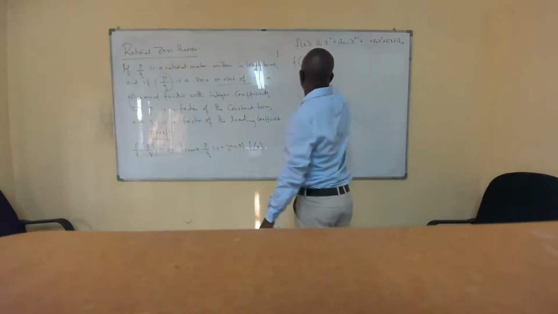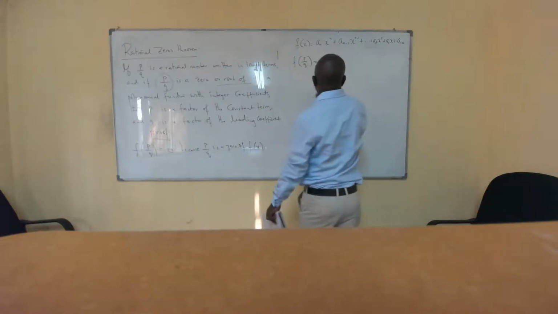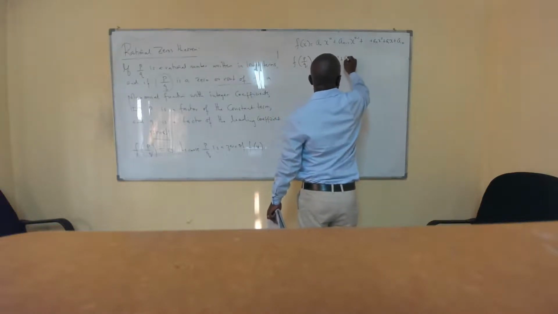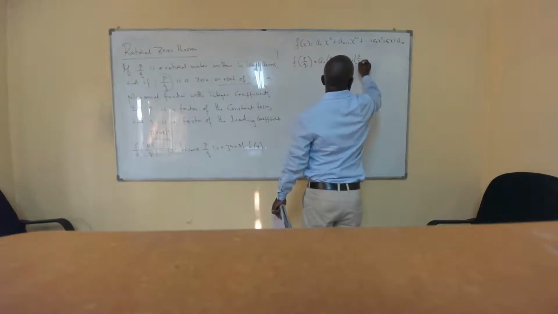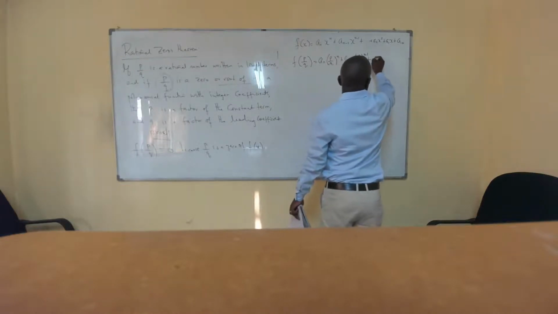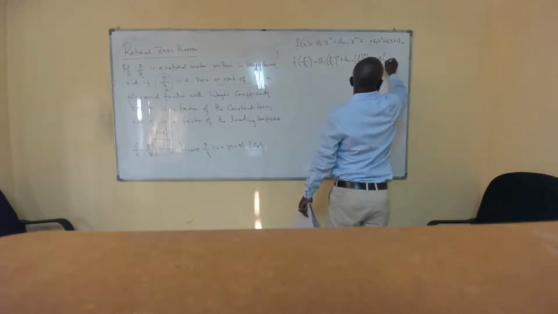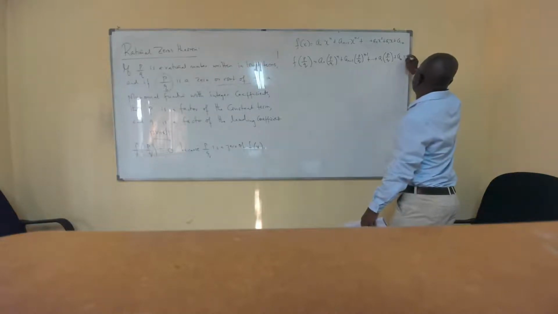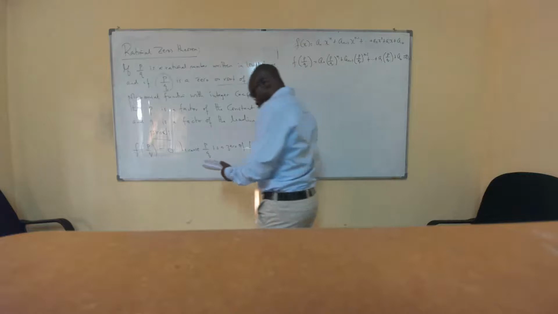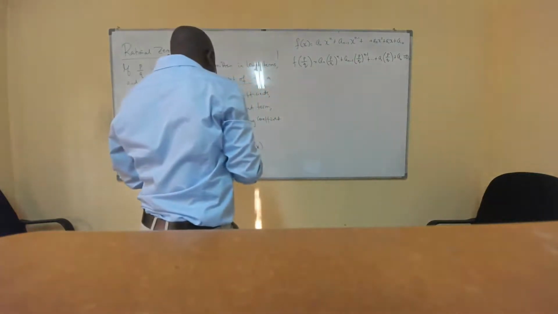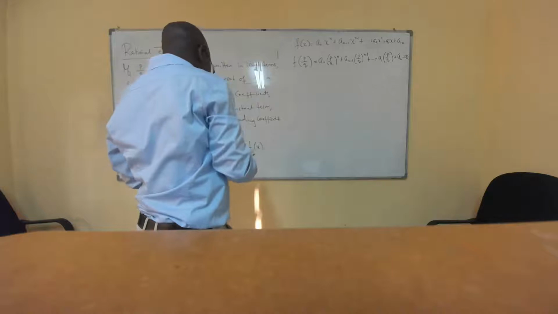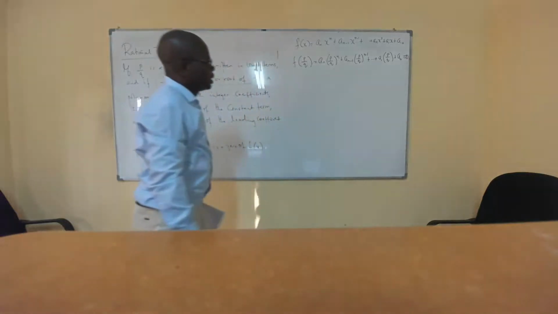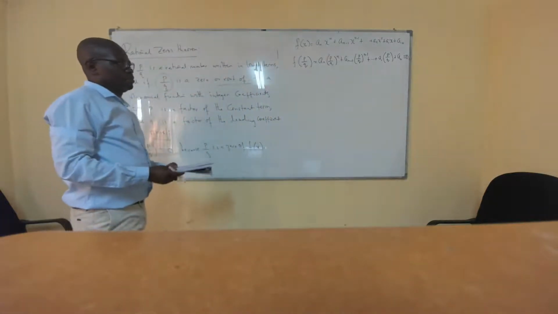If you put everything in, it will be a_n (p over q) to the power n plus a_(n-1) (p over q) to the power n minus 1 plus and so on plus a_1 (p over q) plus a_0. But we are saying this is equal to 0, right? Next we are going to multiply throughout by q to the power n.